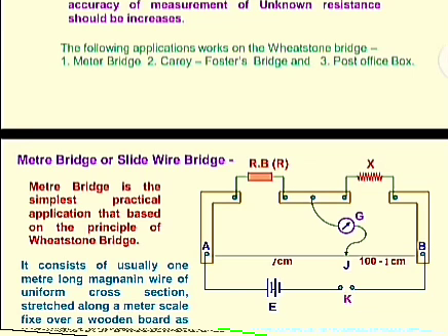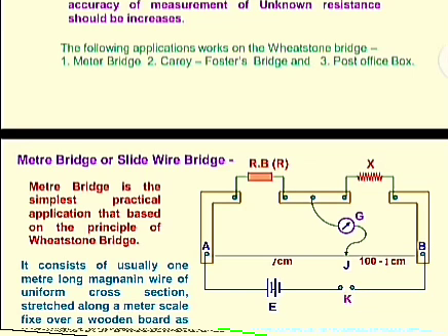Now when we connect everything, the circuit works and current flows in the circuit. Now the jockey is moved on the sliding 1 meter wire. Place it near point A and see the deflection in the galvanometer, and move it to the other point C and see the deflection in the galvanometer.